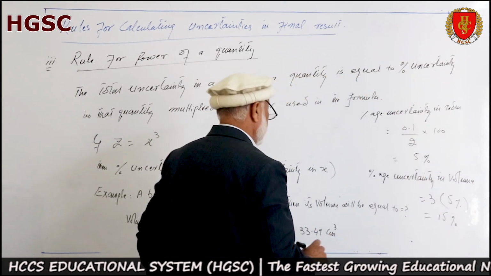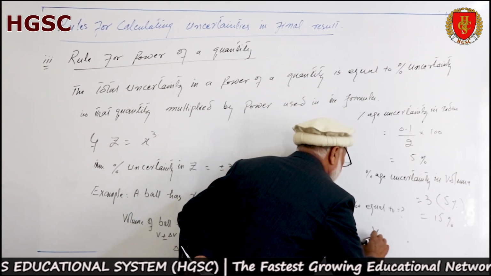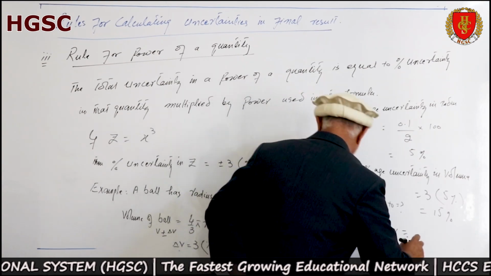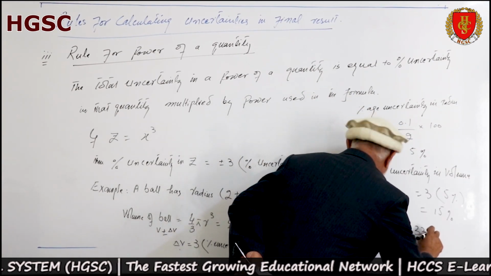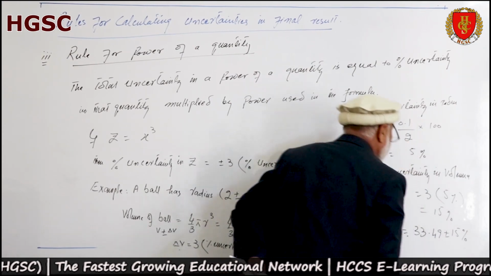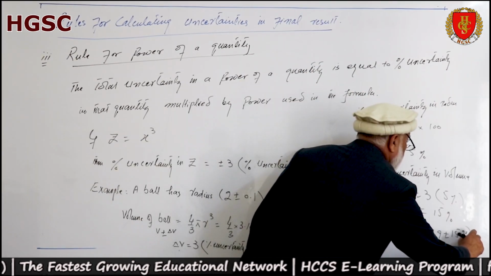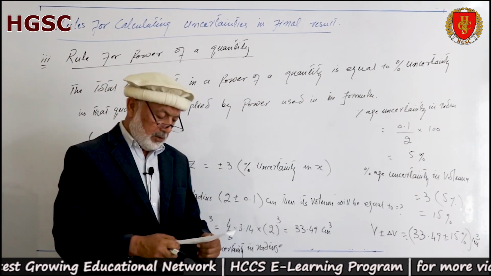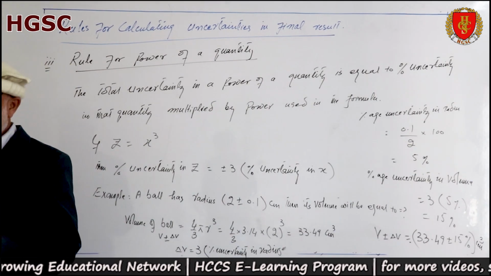So the result, volume plus minus delta V, is equal to 33.49 plus minus 15% centimeter cube. So this is the formula for the powers.